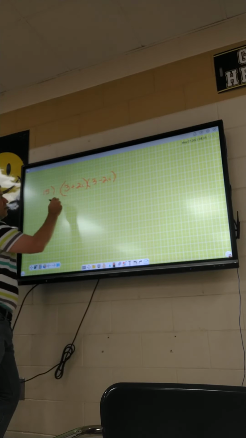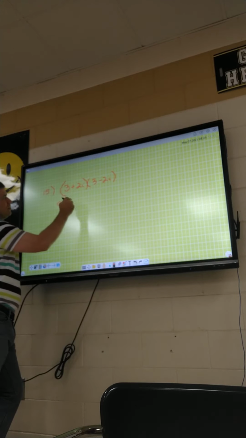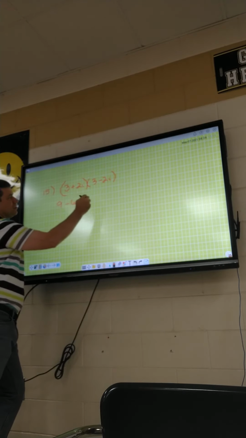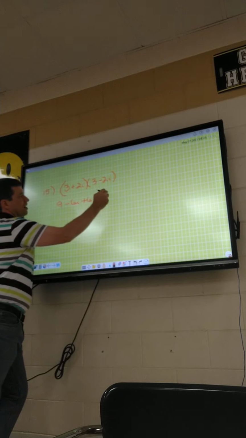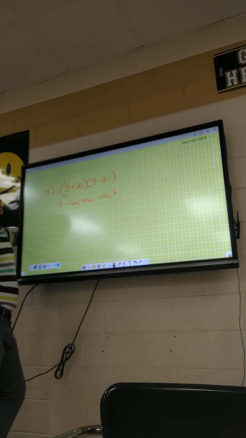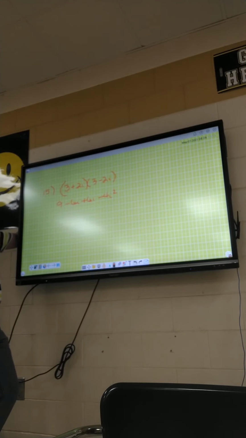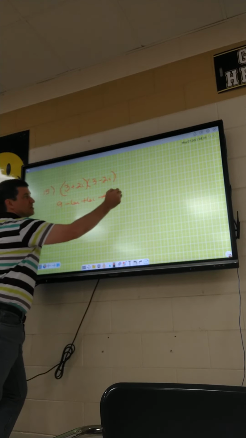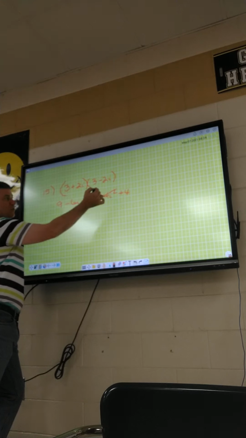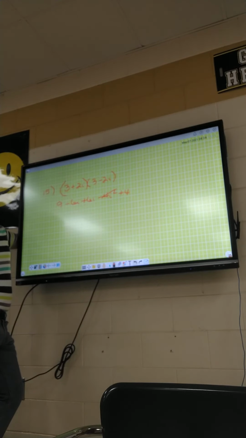First step, y'all should have 9 minus 6i plus 6i minus 4i squared. Mackenzie, what's that i squared turn into? Negative 1, so that turns into a positive 4 because negative 1 times negative 4 is positive 4.